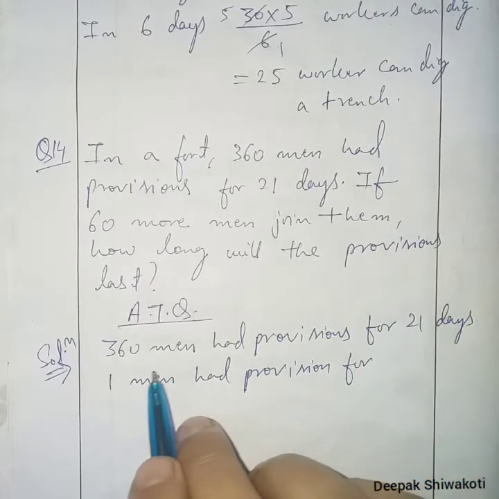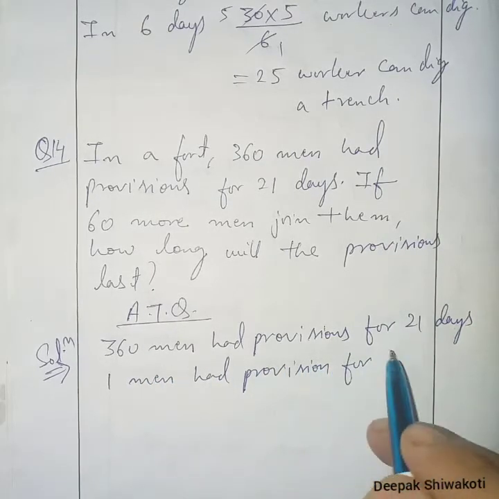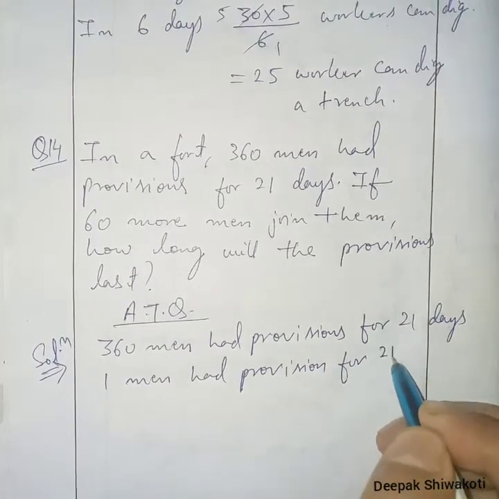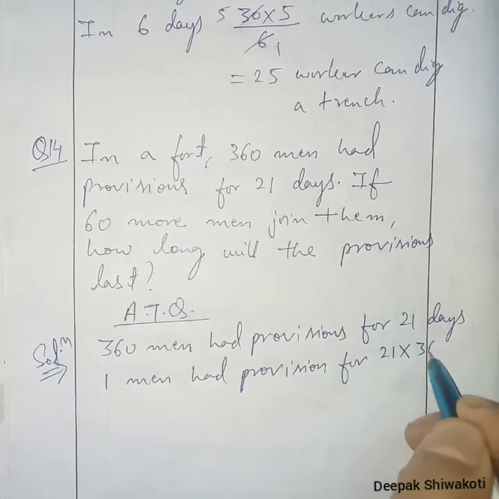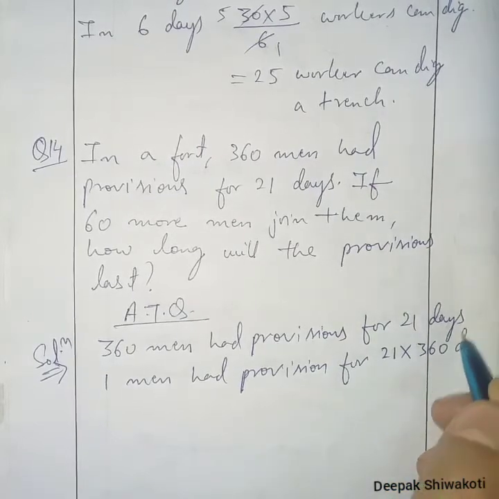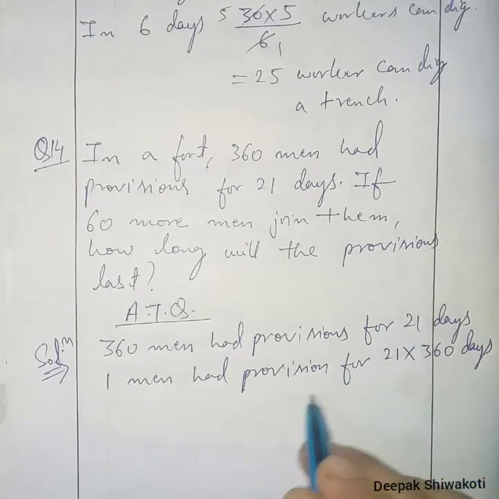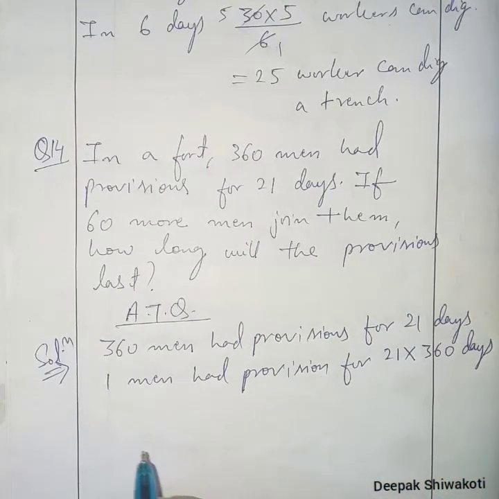So if the people will be less, that food will last for more days, isn't it? So it will be multiplied by 360. So these many days that one man can have the provisions.